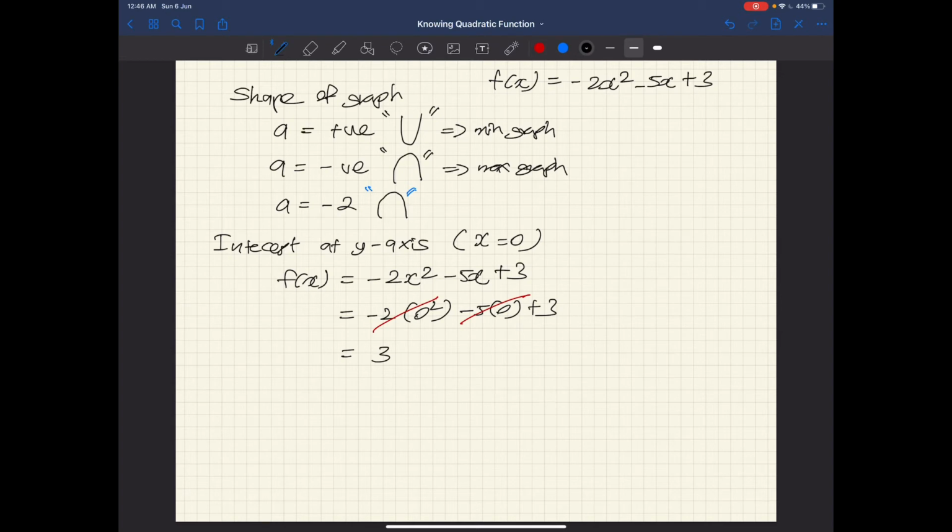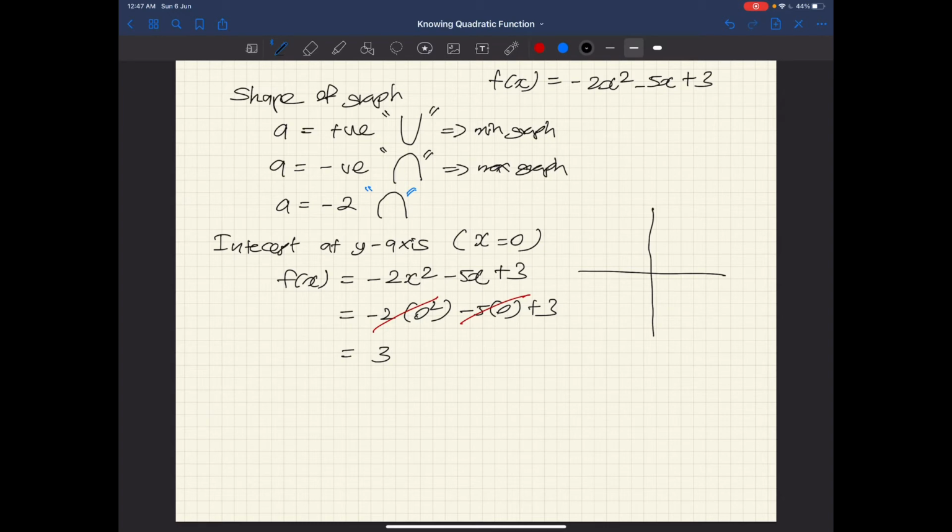Alright, graphically how you should imagine. Let us draw a little bit. You have a function like this. So you have a maximum graph. How will it look? Your maximum graph, the shape will be a sad face, and you have your roots.